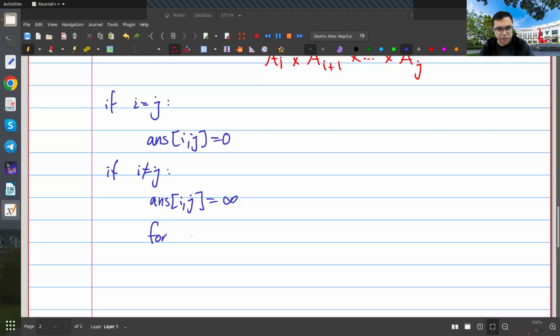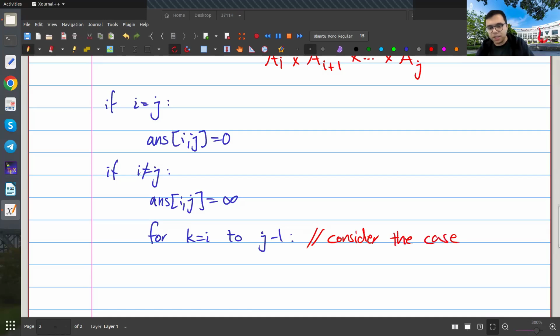And then I say for every k from i to j minus 1, this is the casework, and I'm considering the case when the last multiplication is between k and k plus 1, when a_k, whatever is before it, times a_(k+1) and everything after it, is the last multiplication.